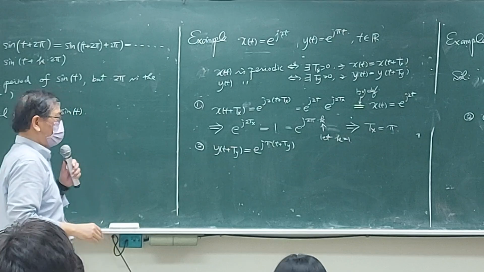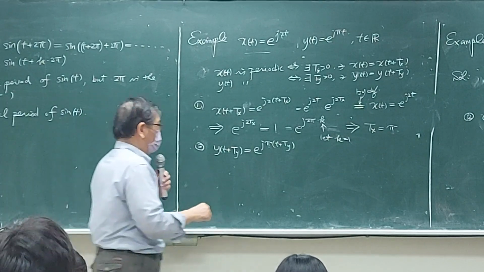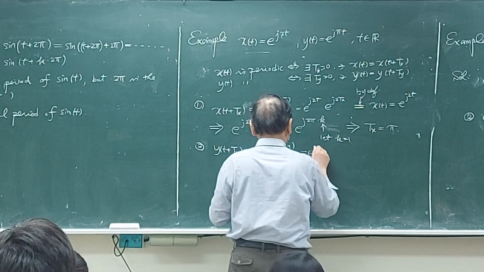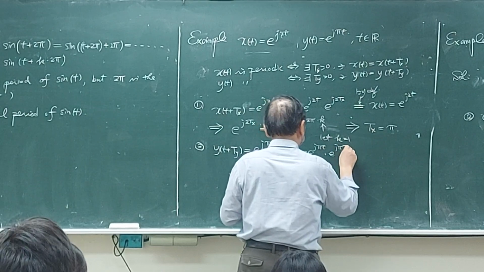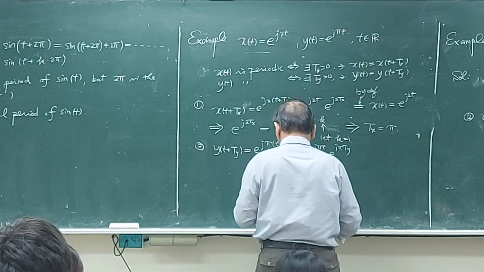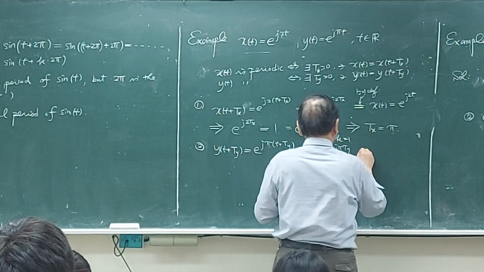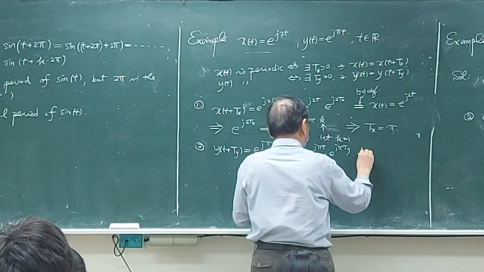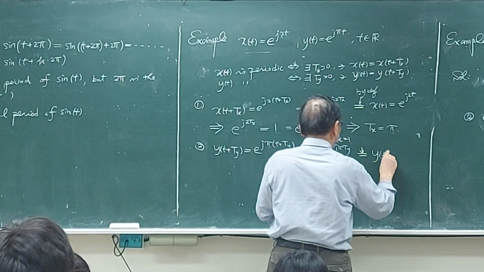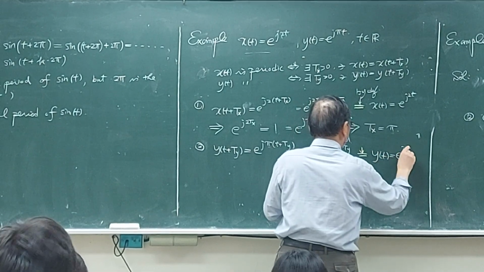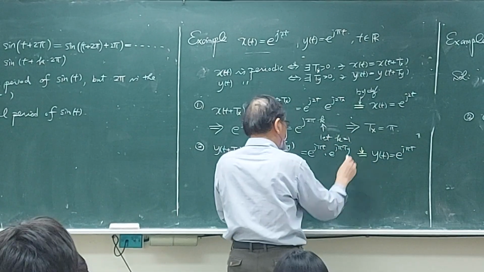Now I replace t by t plus T_y, and again, because I need it to be equal to 1, and this is that.